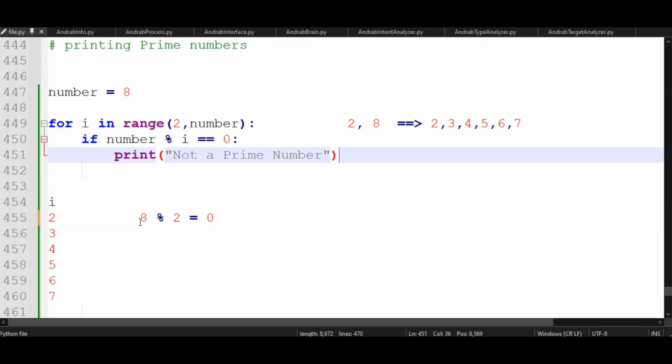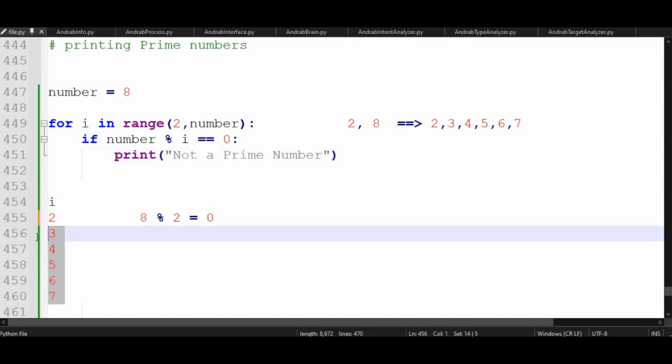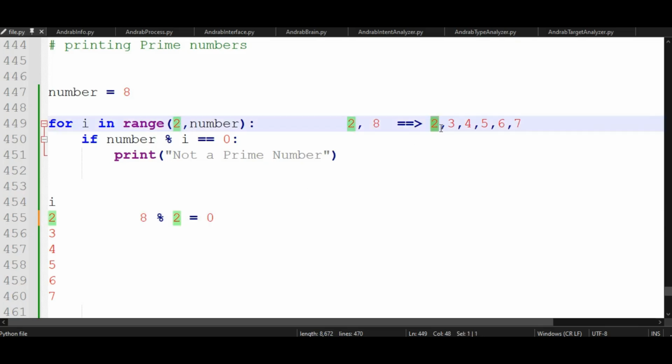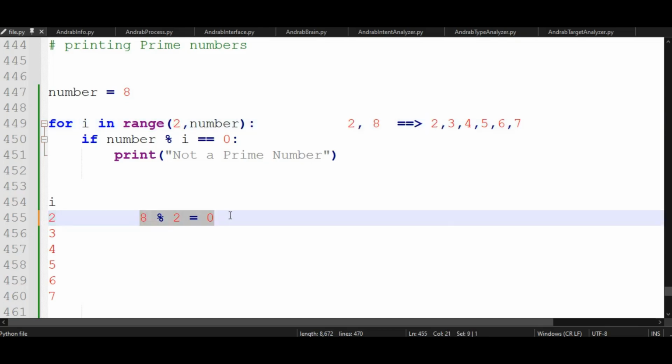Simple. Then here I do not need to check the other numbers, 3, 4, 5, 6 and 7, because I already got the result that 8 can be divided by number 2, right? 8 can be divided by number 2. That will make it what?